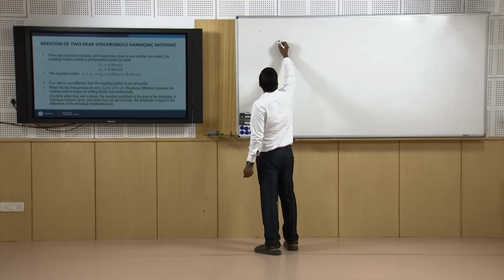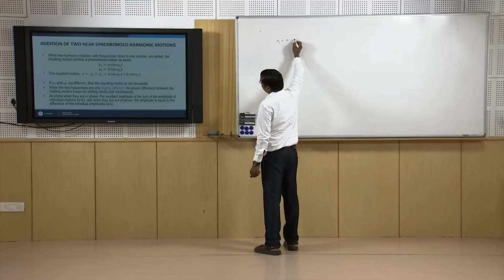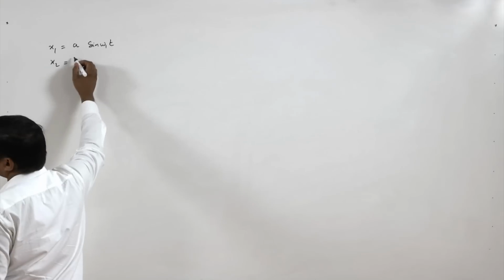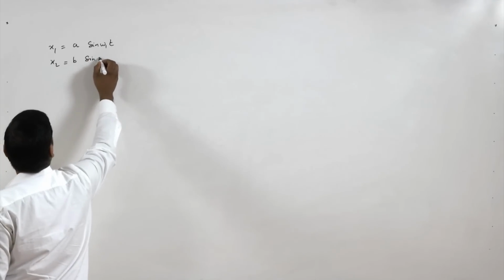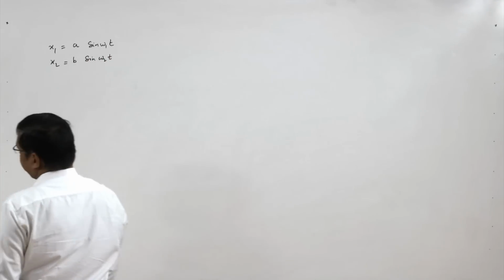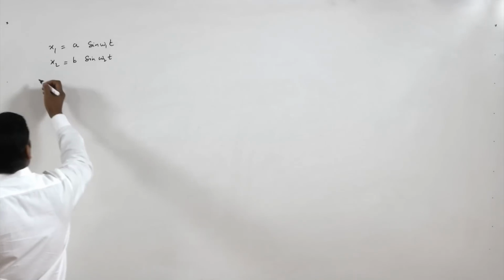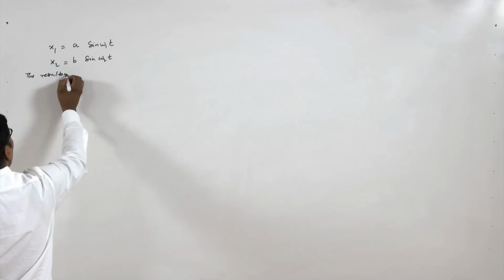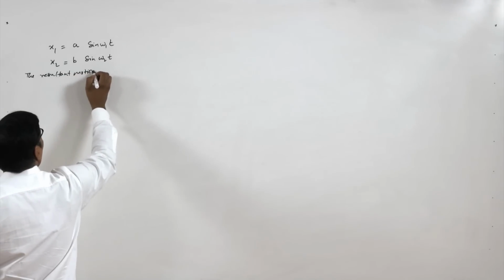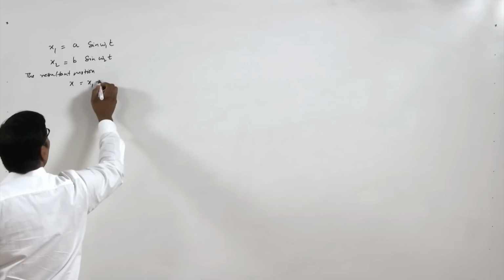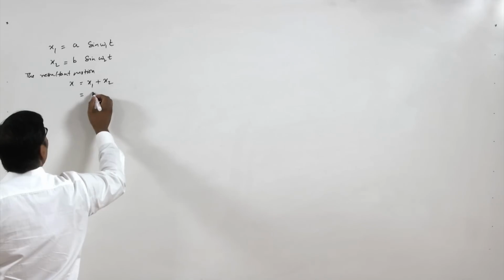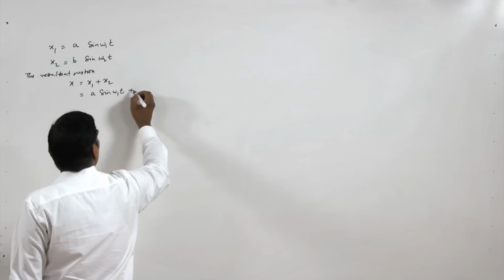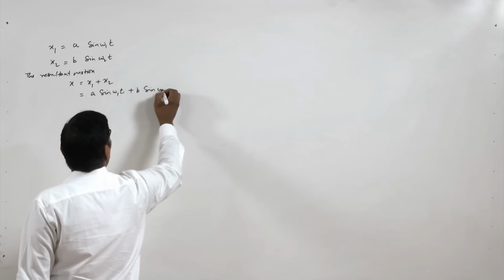So we have two motions, x1 equal to a sin omega 1 t and x2 equal to b sin omega 2 t. For the resultant motion, we want to get x equal to x1 plus x2, that is equal to a sin omega 1 t plus b sin omega 2 t.